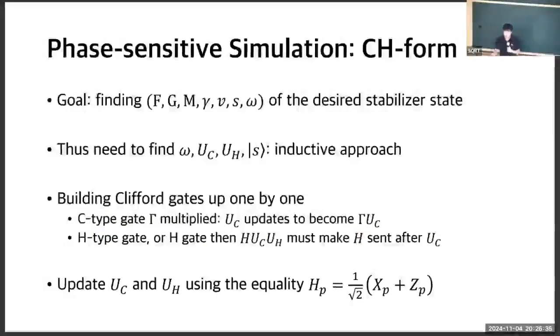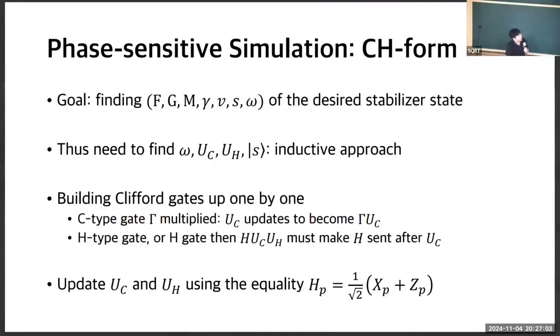And for an H-type gate also, we need to apply that to the left of the UC, but we need to store that H in the second one, right? Because UC is first and then UH, but the H gate is now after UC, before UC. So after and before actually mean the same thing because the matrix multiplication order is reversed.